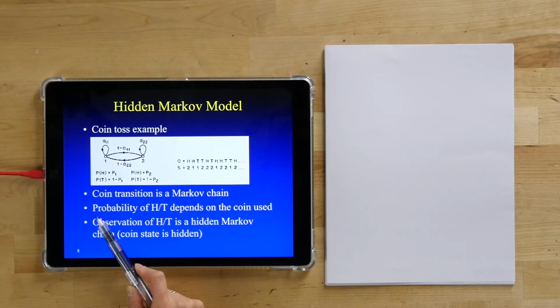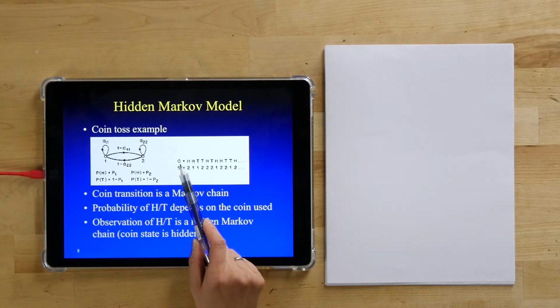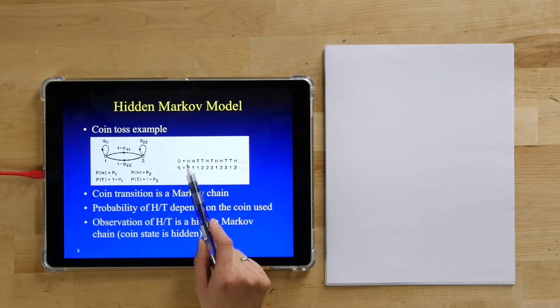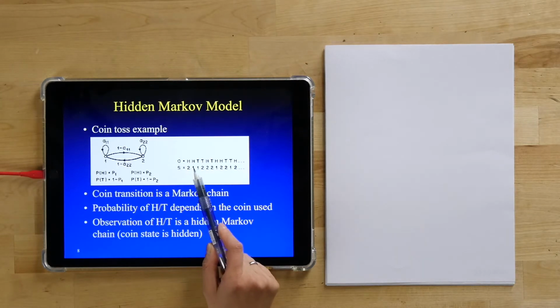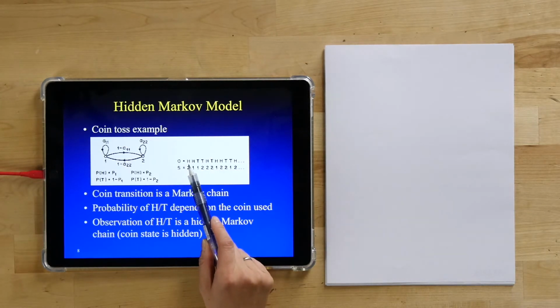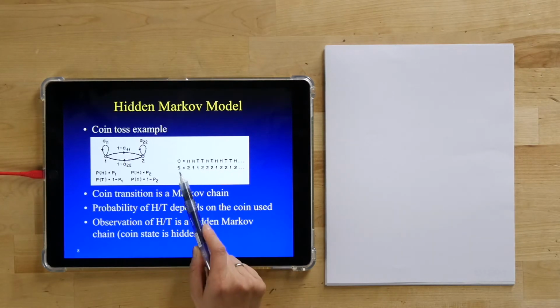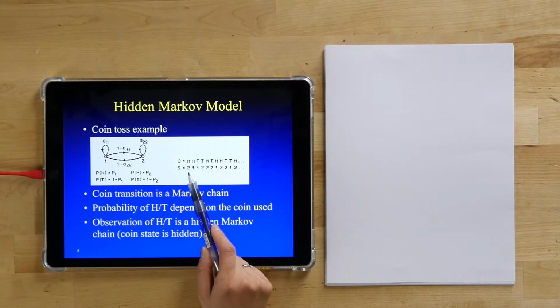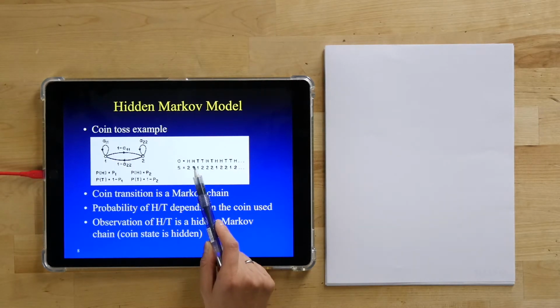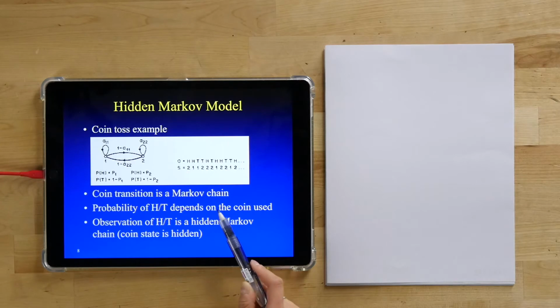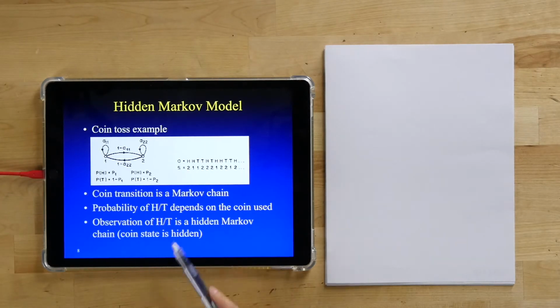However, what you are observing here, instead of the coin, is that using that coin, we make a coin flip and we ask, did you get a head or a tail? So in this case, the head and tail is the actual observation, but the states, in this case, are whether we're using a biased coin to make the flip or a fair coin to make the flip, and so on. So we're using different coins to make the flip.